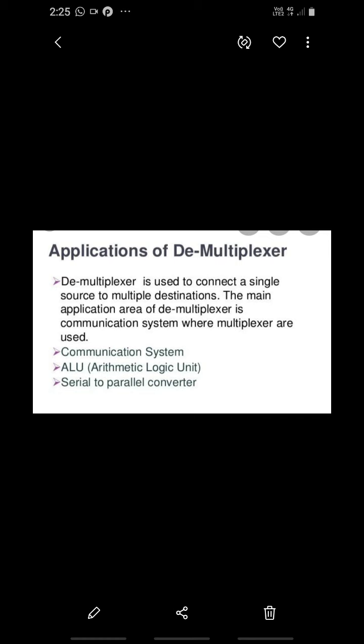Among the two, one is the selector and the other is the distributor. So the multiplexer is the selector and the demultiplexer is the distributor device.